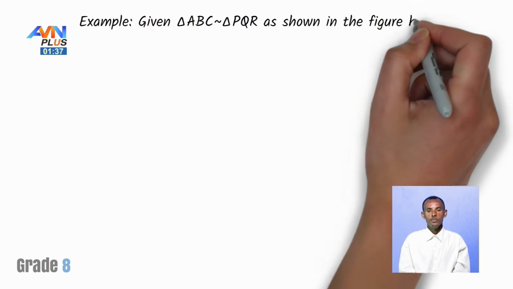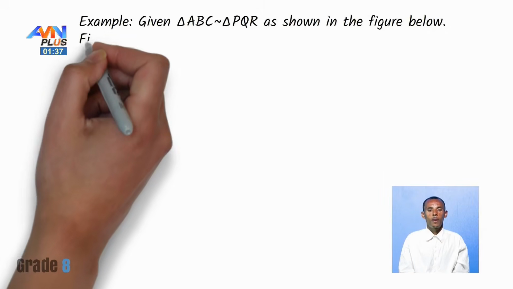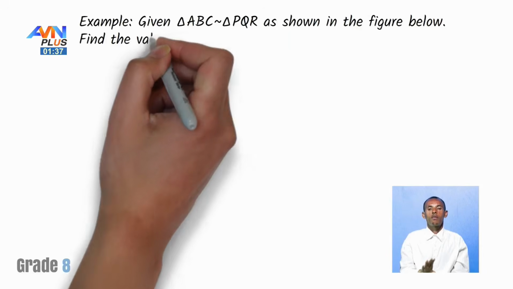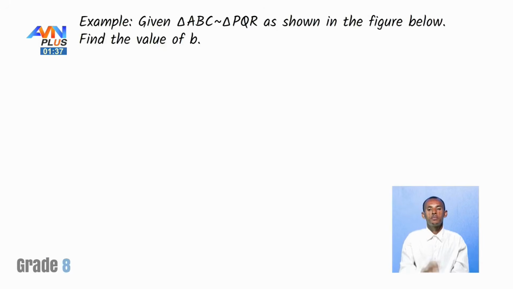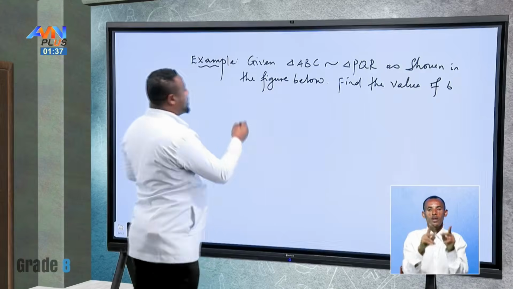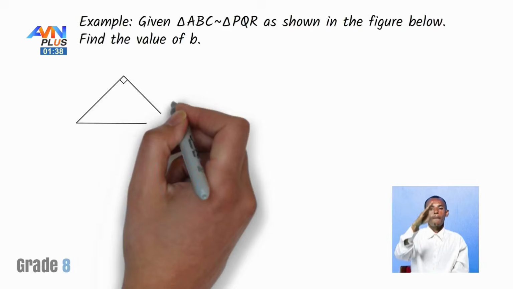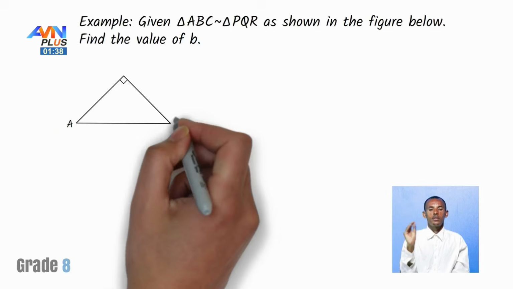In the figure below, find the value of B. The triangles are triangle ABC and PQR.